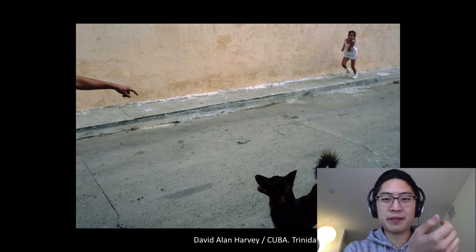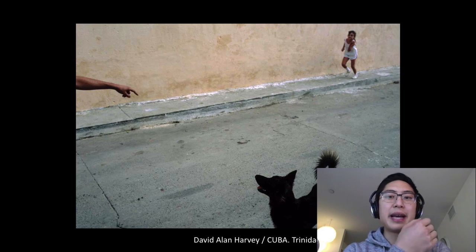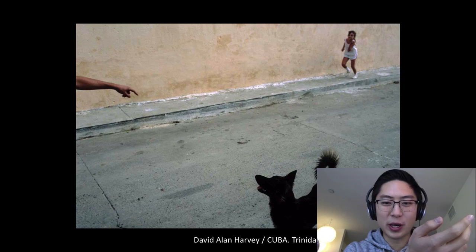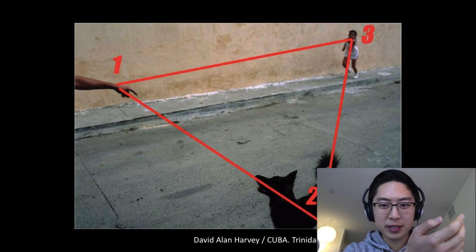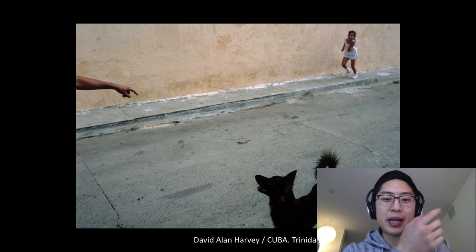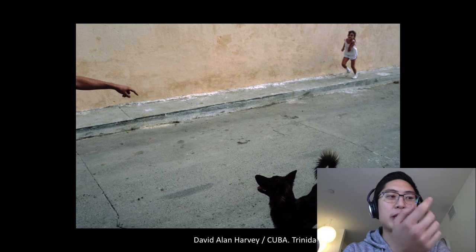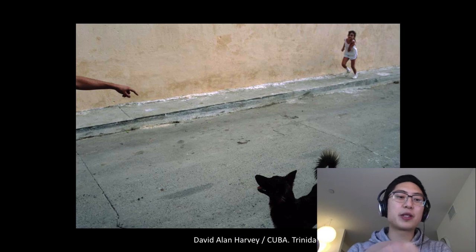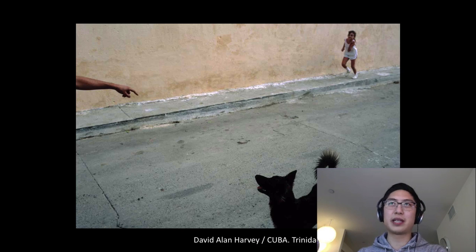Another amazing photo by David Alan Harvey. And the way you could follow this image: you could obviously see the triangle, hopefully by now. Nice little triangle here. But what makes this image a little bit more interesting is that if you follow the movement of this image in terms of the composition, there's kind of this eternal triangle or sense of movement that permeates throughout the frame.